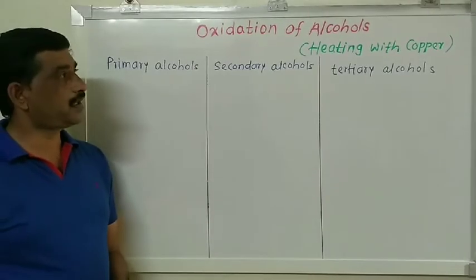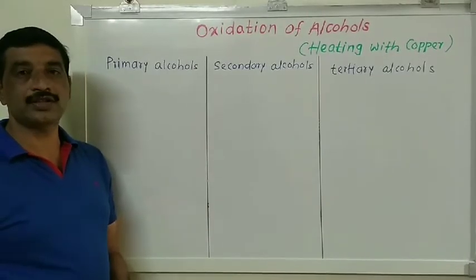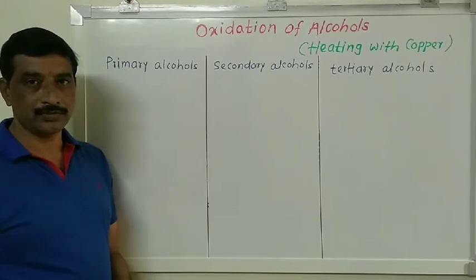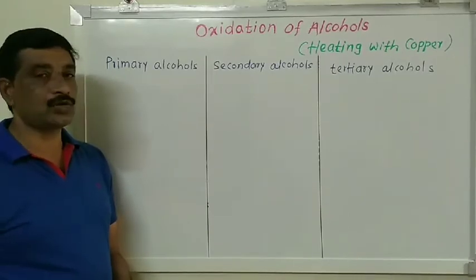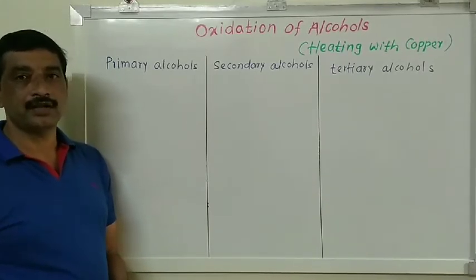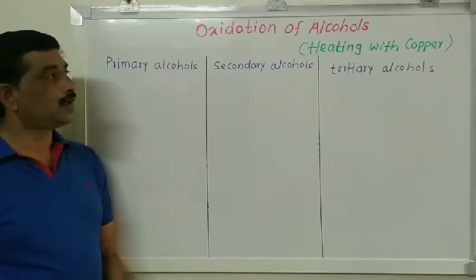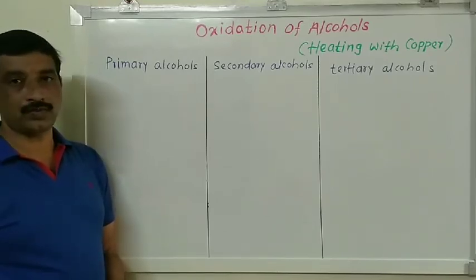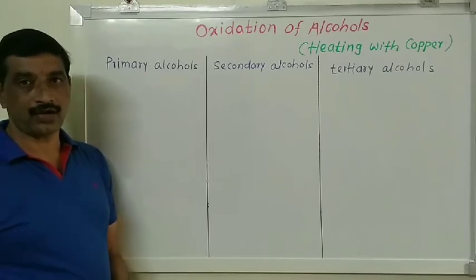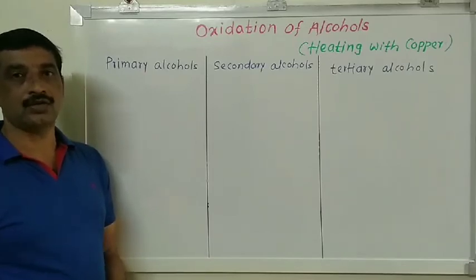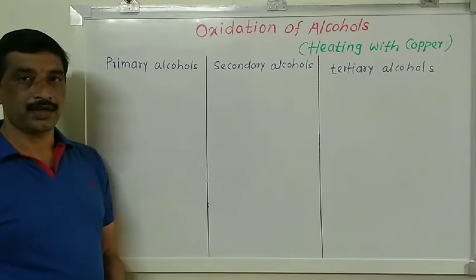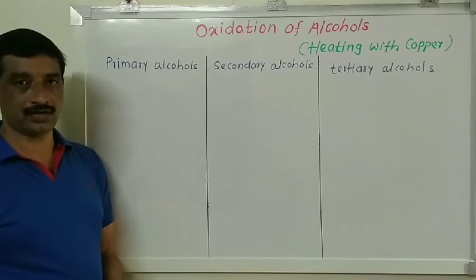The last chemical reaction of alcohols in which there is breaking of the C-OH bond is oxidation of alcohols by heating vapors of alcohol with copper. When vapors of alcohol are passed over heated copper, these alcohols undergo oxidation and give different products.